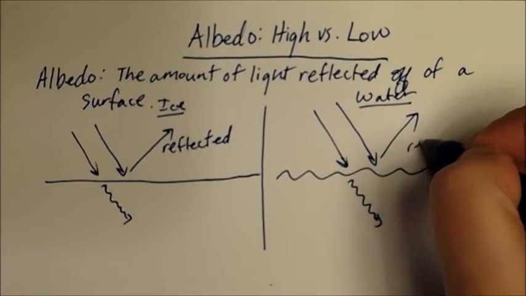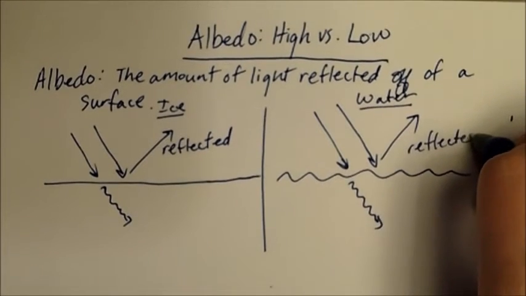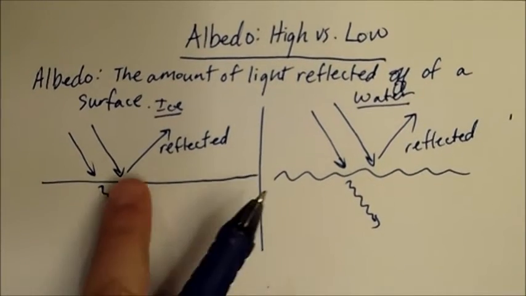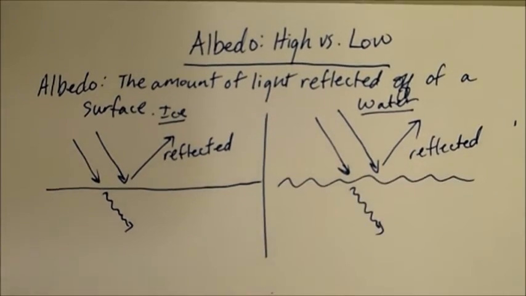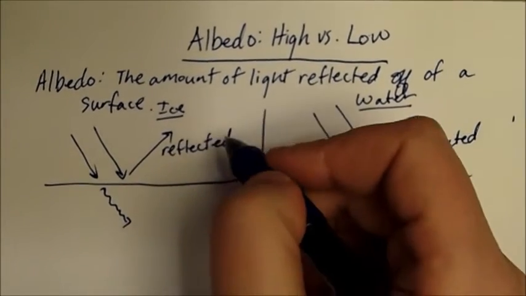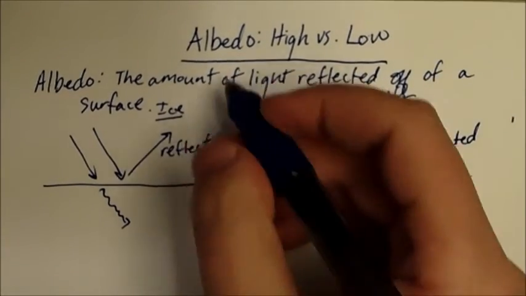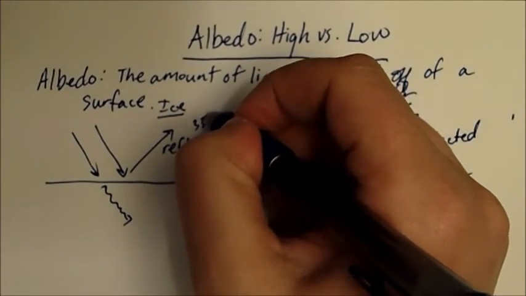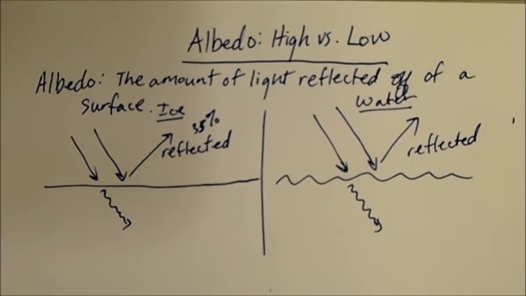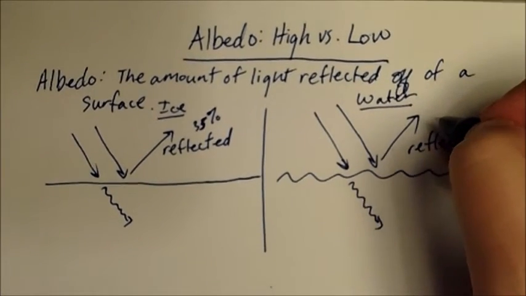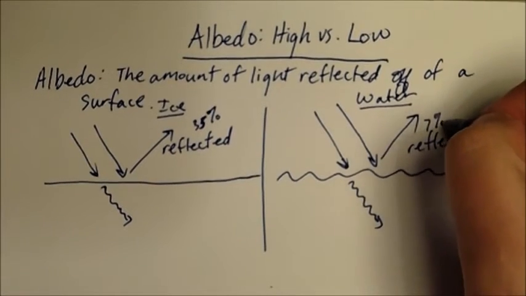and we've got reflected on the water, except it's a little bit different. The ice, which we've represented by the white, has more reflection, reflecting about, say, 35% of the light. On the other hand, our water reflects about, say, 7%.